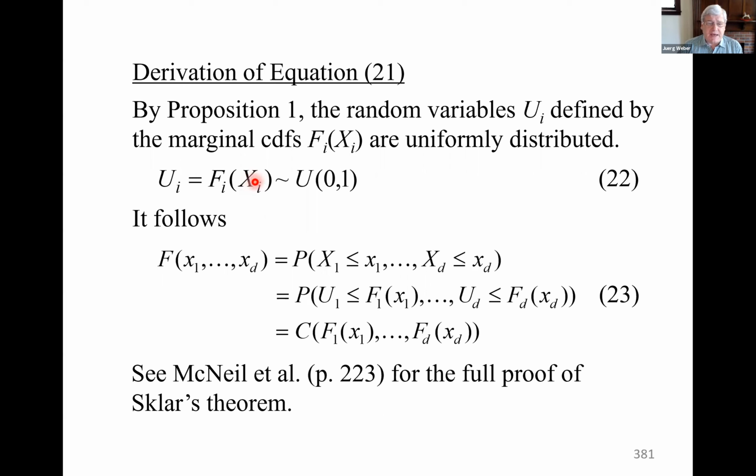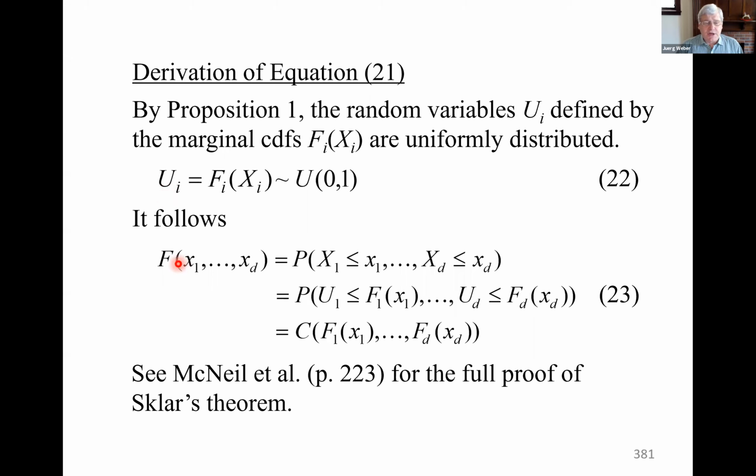We called this X, we called this Z, when we saw it for the first time. Now here I apply it to the marginals. The marginals are also univariate random variables. So here I now call it X1 and U1, and X2 and U2. You have all those marginal distributions, and the function values of the CDFs of those marginal distributions must be uniform.